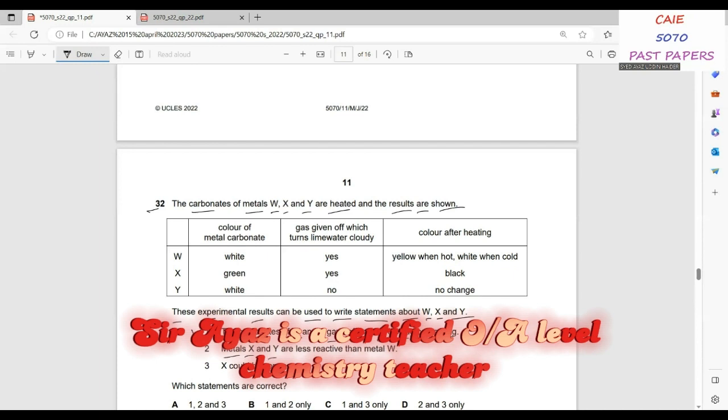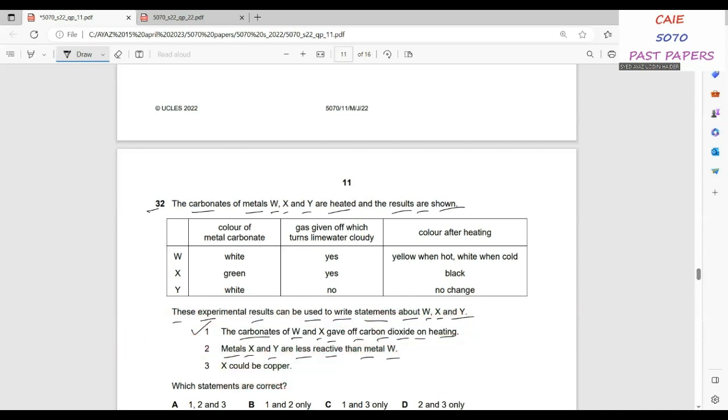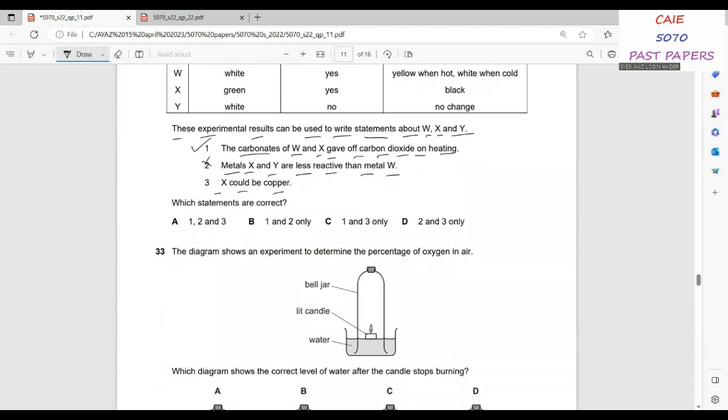Metals X and Y are less reactive than metal W. This is wrong because the carbonate of Y does not decompose, so Y will be one of the highly reactive metals from these. So this is wrong. 3. X could be copper. Yes, X could be copper because the color of the carbonate is green. So 1 and 3 is the right statement. C will be the right answer for this question.